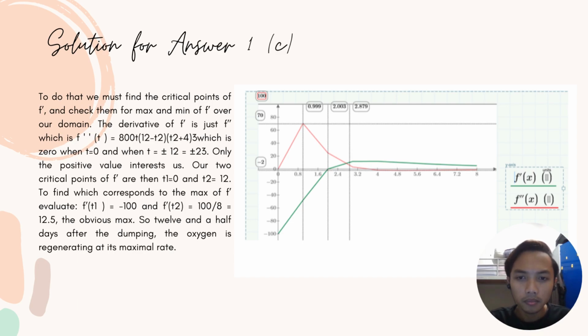Only the positive value interests us. Our two critical points of f prime are then t1 equal to 0 and t2 equal to 2√3.